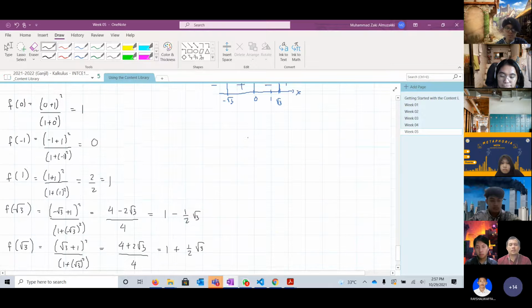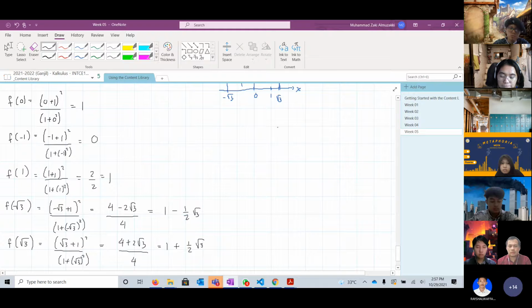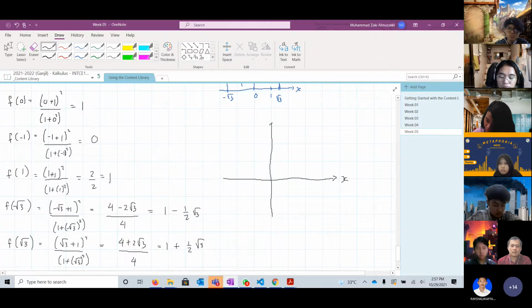So now we are ready to draw the picture. Here is x, here is y, and f of 0 is 1.